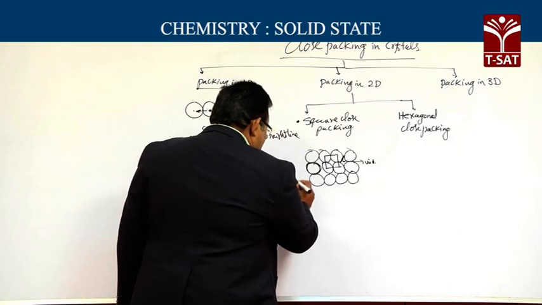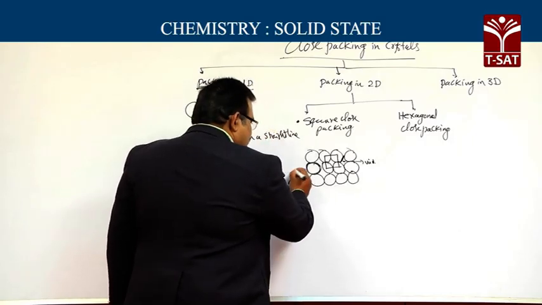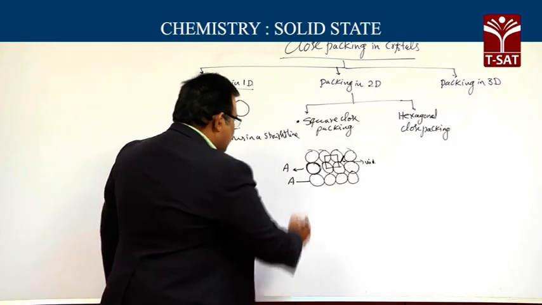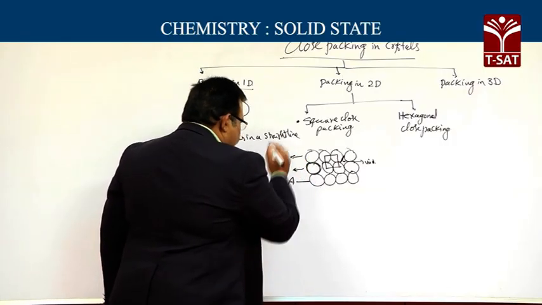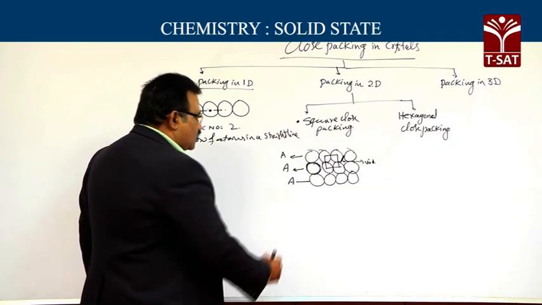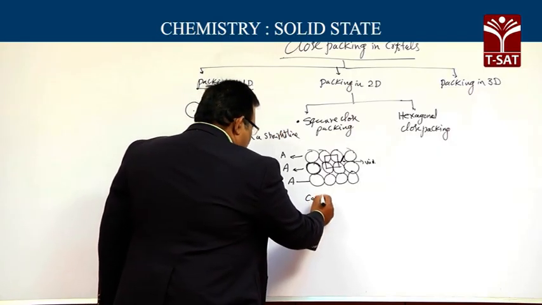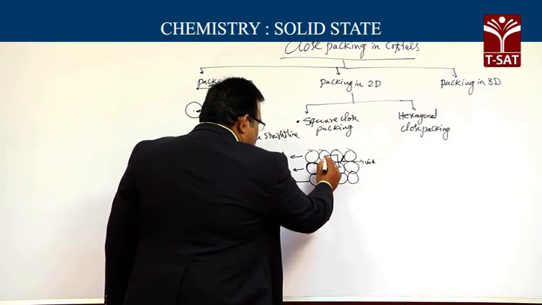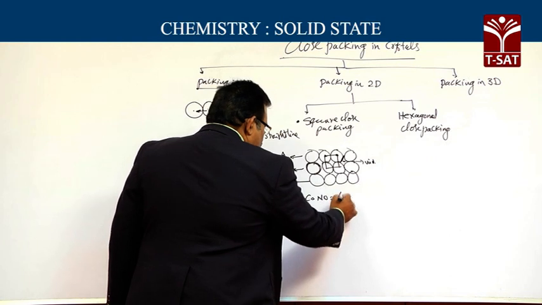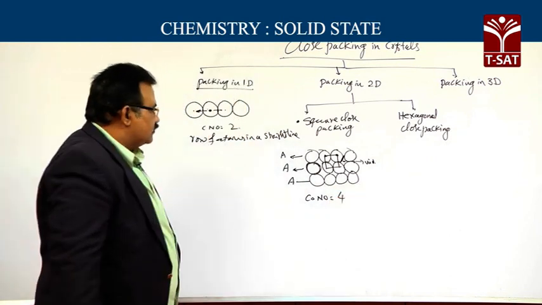Say this is A layer, a similar A layer is present over it. So, in square close packing structure, what is the coordination number? The sphere is in contact with 3 others, total 4. Coordination number is 4.